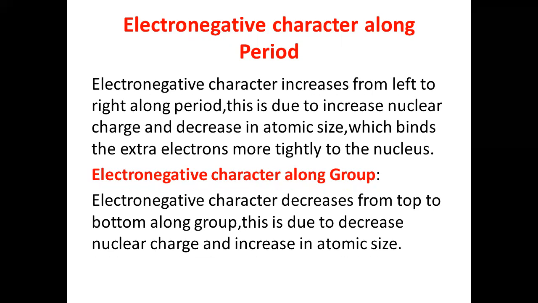This is due to decrease in nuclear charge and increase in atomic size. While from left to right, electronegative character increases while electropositive character decreases. The reason is increased nuclear charge and decrease in atomic size, which binds the extra electron more tightly to the nucleus. Hence, electronegative character increases from left to right but decreases from top to bottom.